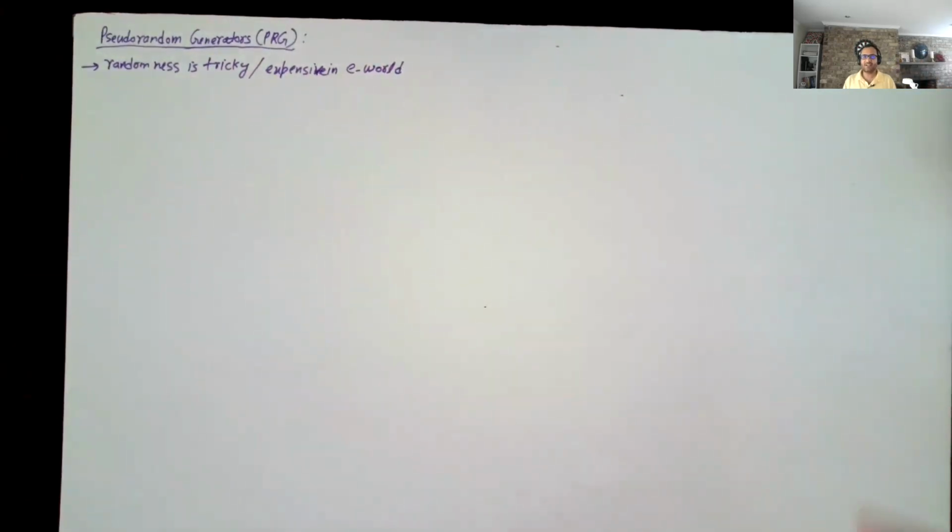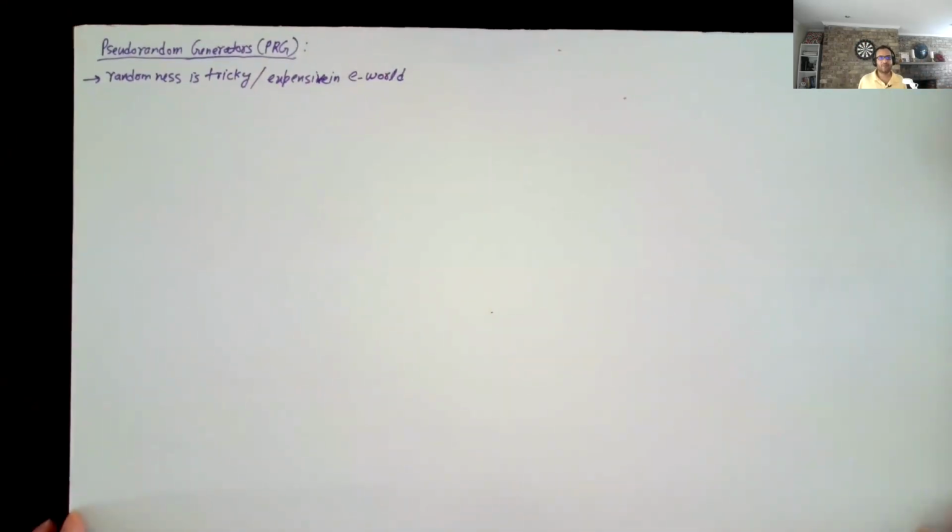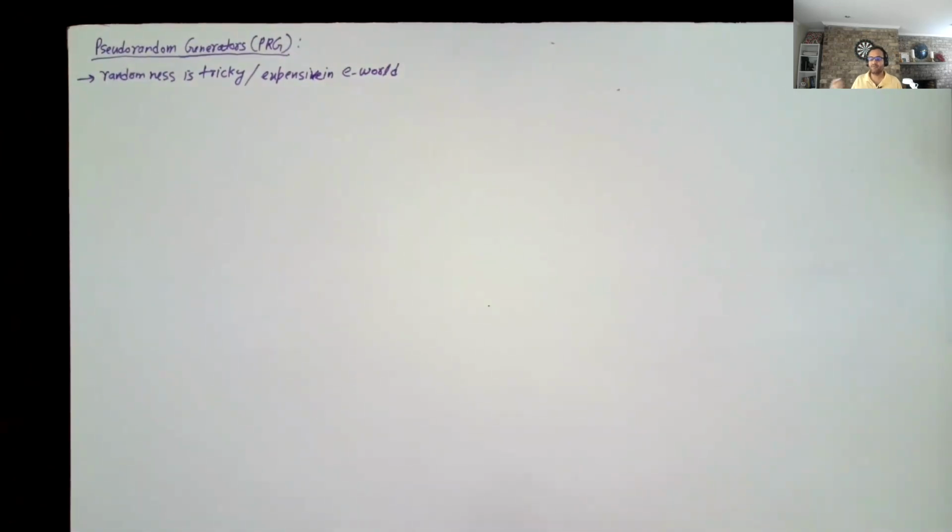And why do I say that? So how do you generate randomness? In the physical world, maybe I just take a coin and I keep flipping, right? Every time I flip a coin, I can essentially generate one bit of randomness. That's sort of the assumption, quantum says that maybe it's not true, but let's believe it is true. Now, in the electronic world, how do computers generate randomness? So they don't have any inbuilt coin. Essentially, it's like a circuit which is more or less deterministic.